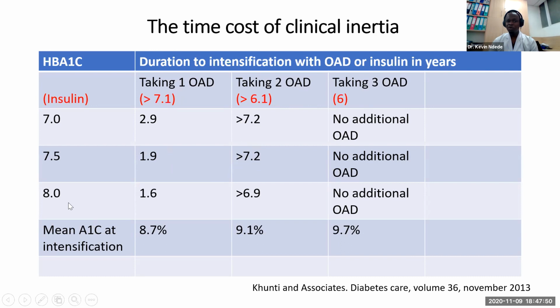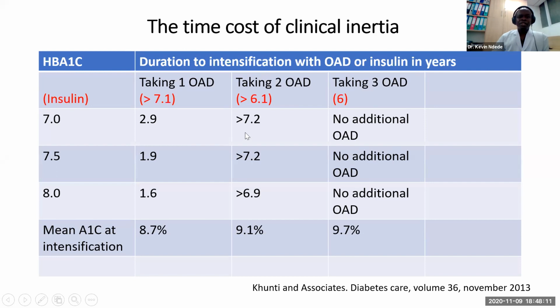And for those with HbA1c above 8, it took roughly 7 years for intensification to be done. For those taking 3 oral anti-diabetic agents, the guidelines contraindicated the addition of a 4th, so that part of the evaluation was not done.